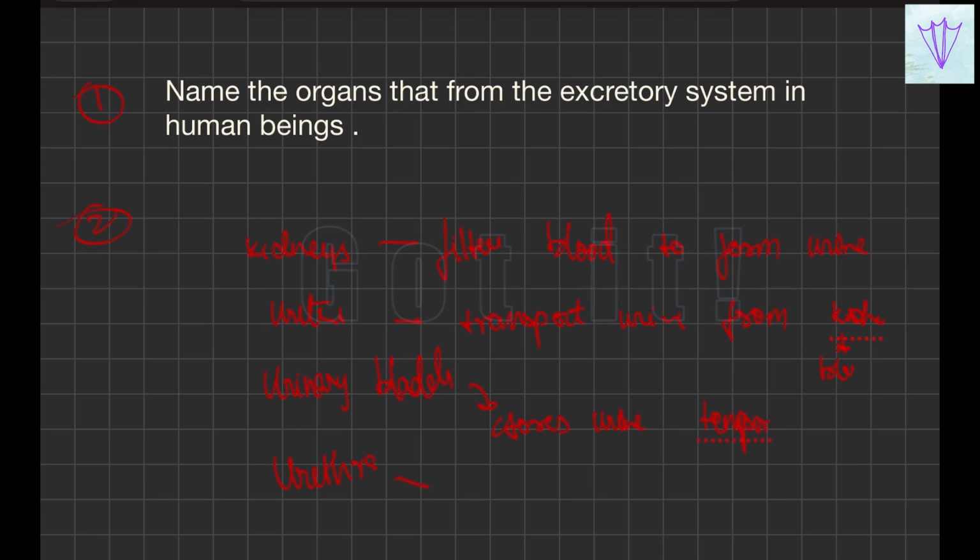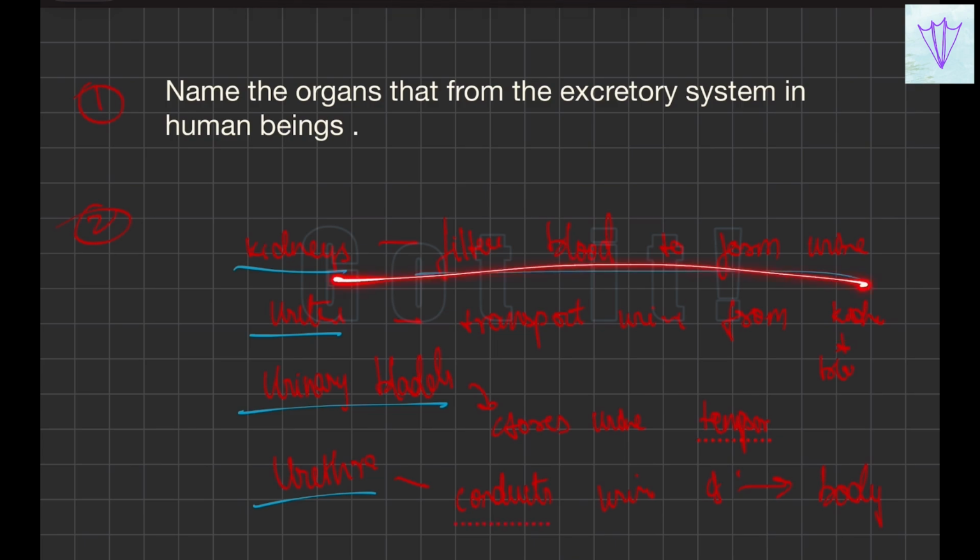It conducts the urine from the bladder out of the body. So these are the functions of these particular organs. If they ask about the organs, you can simply name them as kidney, ureters, urinary bladder and urethra. If it's for 2 marks or 3 marks, you have to write the particular functions along with the organs as well.